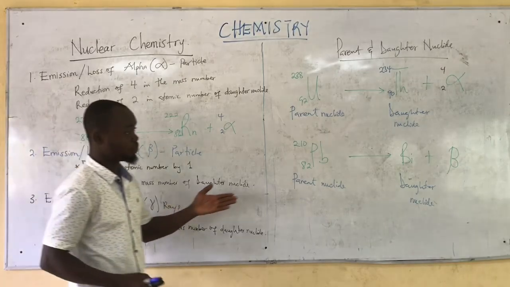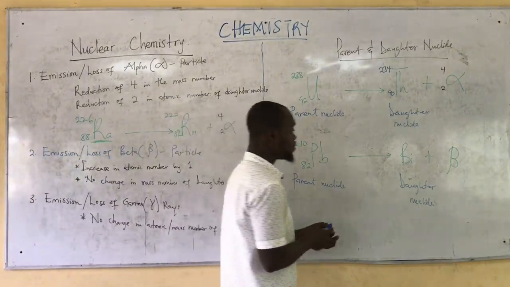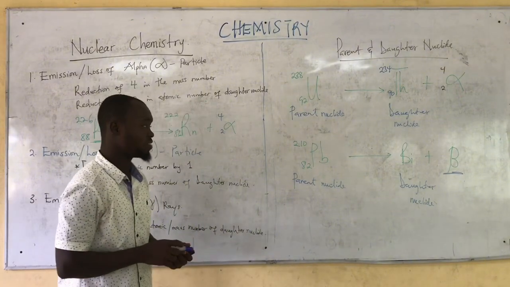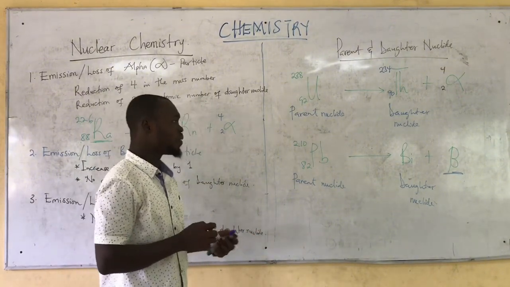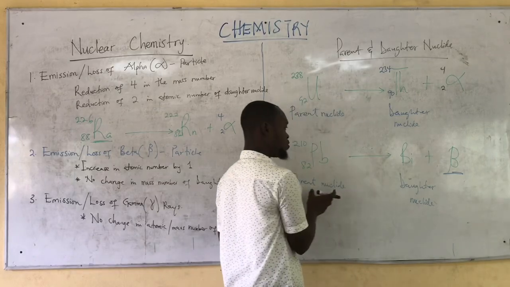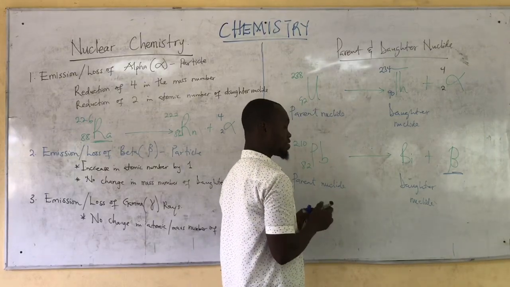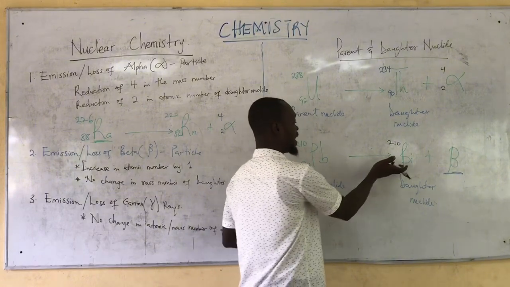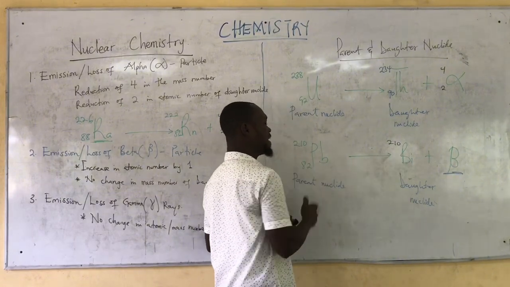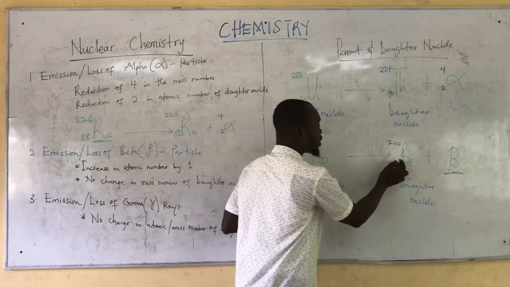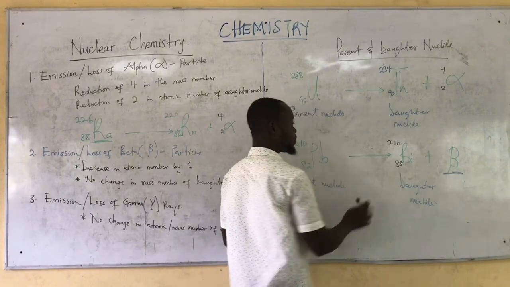Now let's take an example here. Over here, Pb releases a radiation, and the radiation is a beta radiation. Is that okay? Once a beta radiation is emitted, the daughter nuclide coming from the parent nuclide will have the same mass as the parent. The mass remains the same. But the atomic number or the proton number increases by 1. So here it is 82 for the parent. The daughter is going to increase by 1, so it will be what? 83.